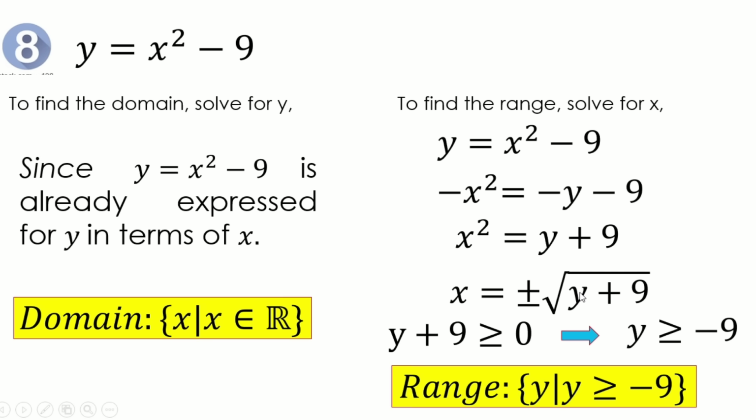So, what we did to get the value of the range is to set y plus 9 greater than or equal to 0. So, therefore, this is the value of our range.